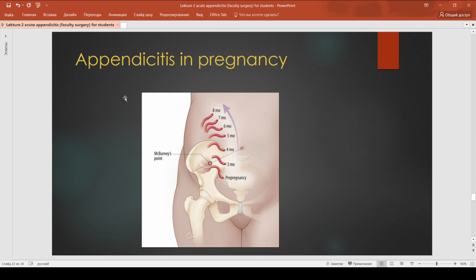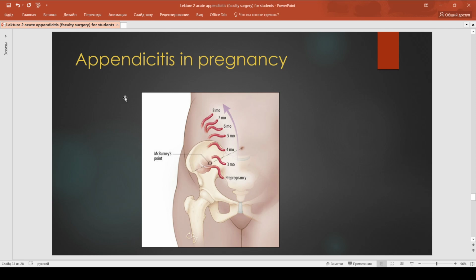What's different about appendicitis in pregnancy? Pain is atypically higher because the pregnant uterus becomes big and lifts the appendix higher and higher.